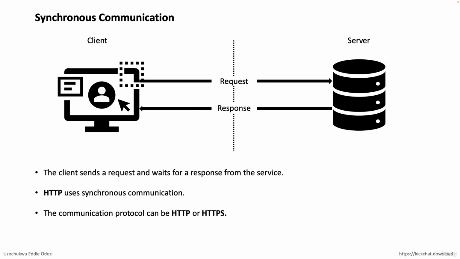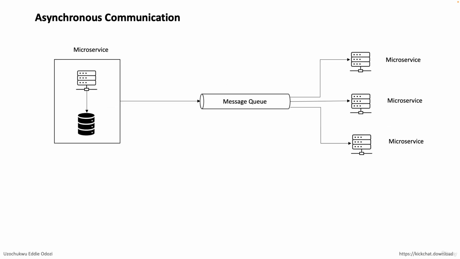Now, the second communication type used is the asynchronous communication. This doesn't really involve the request response. You send a request, and you could wait for the response, or you could proceed with doing other things before the response is returned.